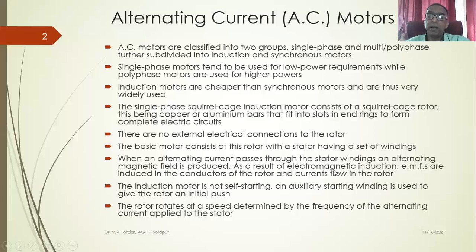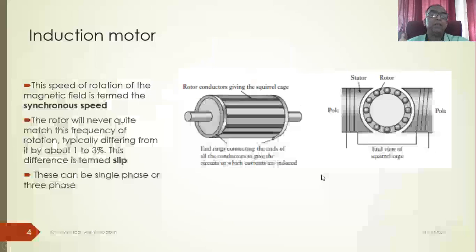As a result of electromagnetic induction, EMFs are induced in the conductors of the rotor and current flows in the rotor. The induction motor is not self-starting. We need a separate starter. An alternating auxiliary starting winding is used to give the rotor an initial push, right? So this is the working principle of the induction motor.